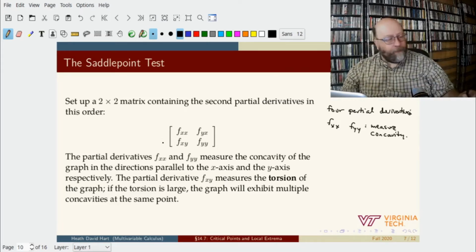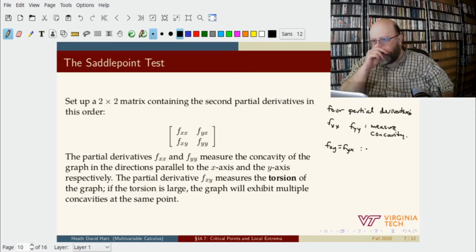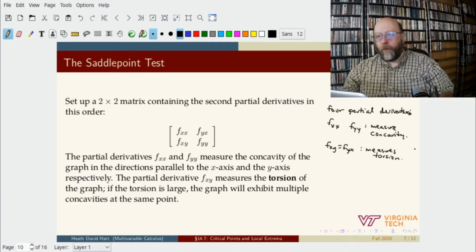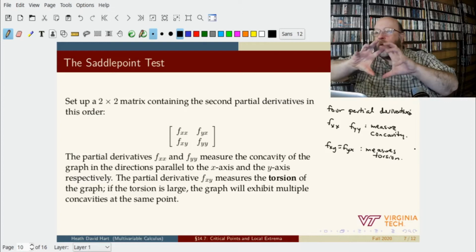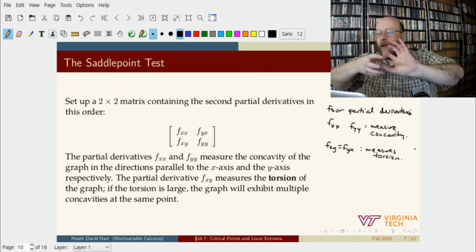But the mixed partial derivative, fxy and fyx, and again, these should be equal, this measures what's called torsion. And torsion has to do with how twisty the shape is.